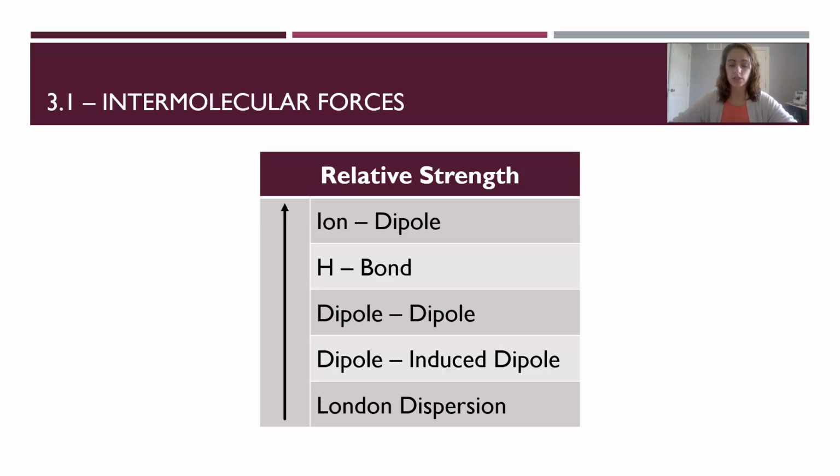The questions you're most often going to be asked are to identify all the intermolecular forces that exist between certain molecules, to discuss their strength, and to relate their strength to their properties. So you'll want to keep in mind that the stronger the intermolecular force, the higher the boiling point, the greater the melting point, the more energy it's going to take to do anything.